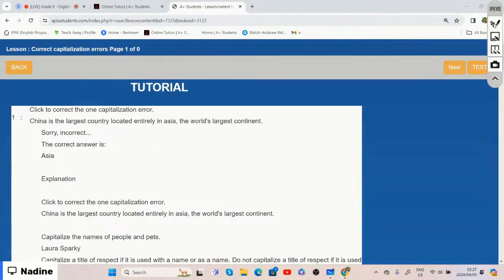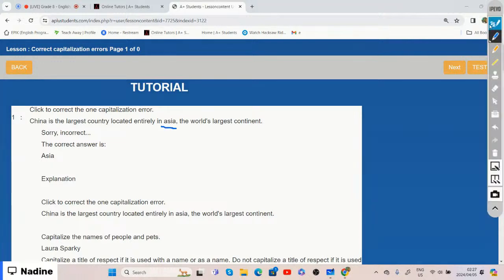If we were to correct that word, Asia, we would correct it by writing a capital letter A for Asia, right? And that is how we would fix that capitalization error.